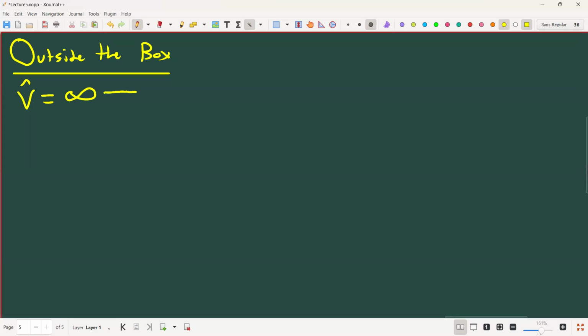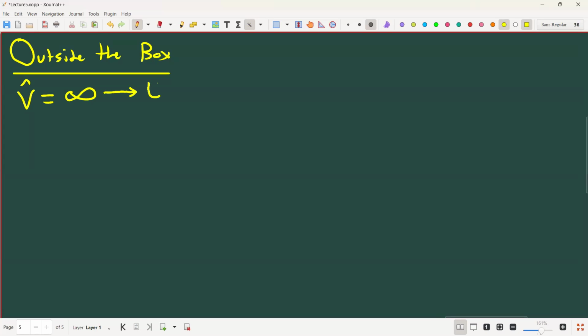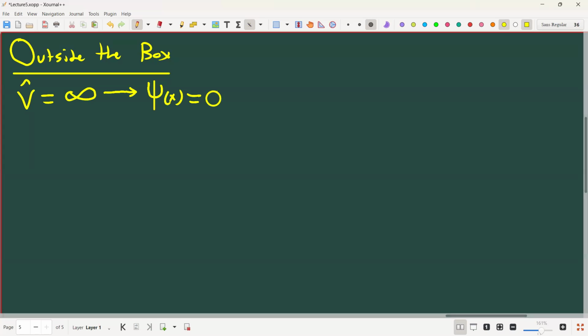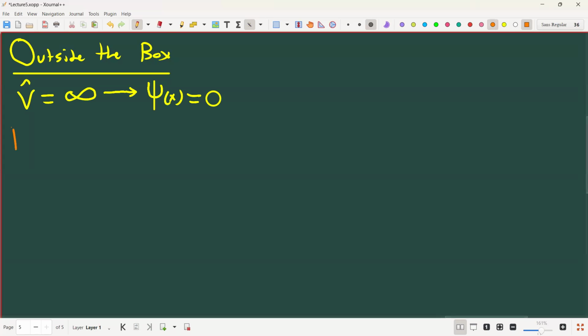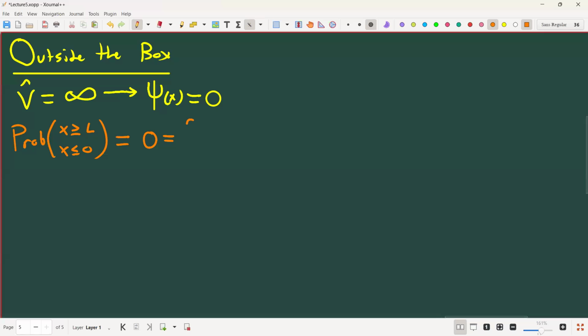And there's only one wave function that satisfies it. The trivial one, psi of x is equal to 0, right? Because what's the probability of finding the particle either outside L or x less than 0, outside the box? Well, that's 0, right?